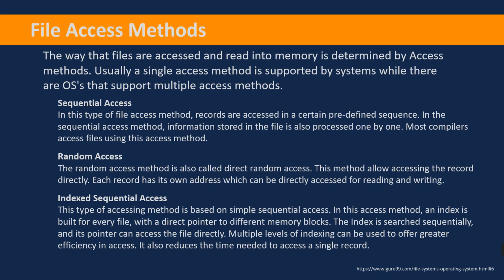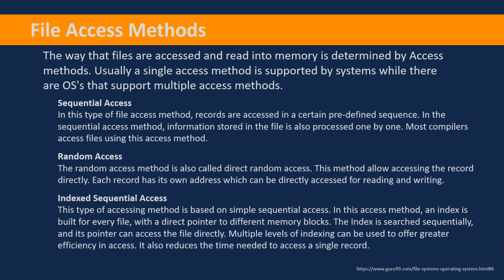Information stored in the file is processed only one by one. Most compilers access files using this access method. Another example, if you have cassette tapes, when you access a certain song, you have to access it sequentially. If you want to skip a song, then you have to rewind and find that song. So the access is sequential.